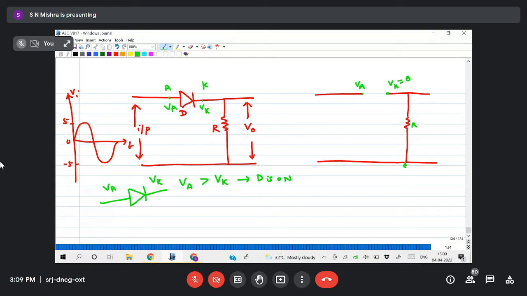Cathode is 0, so the anode potential is connected to what? We are giving input here, so input means Vi. So can I say Vi equals Va? Yes sir. And Vk equals 0.